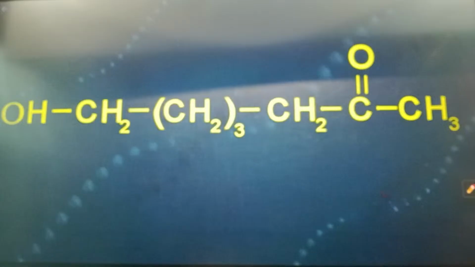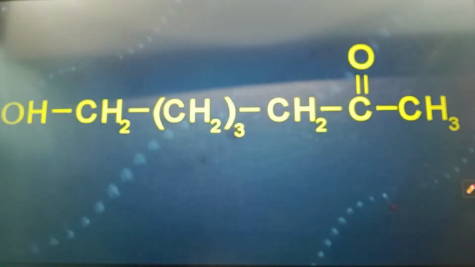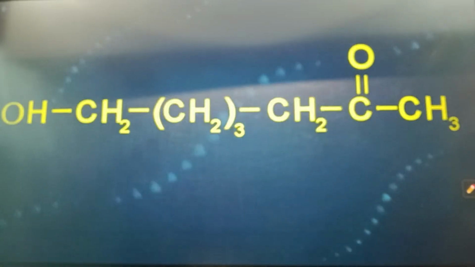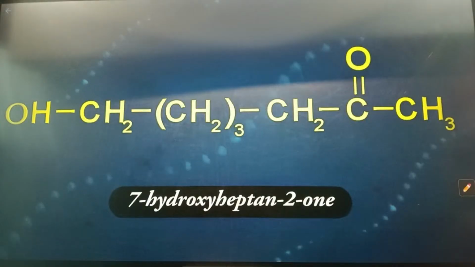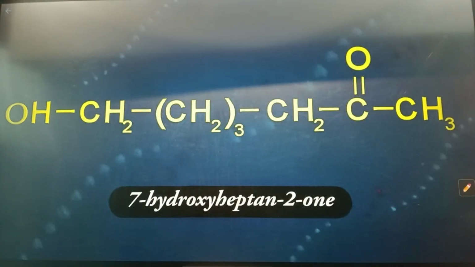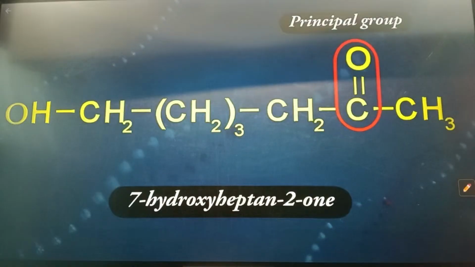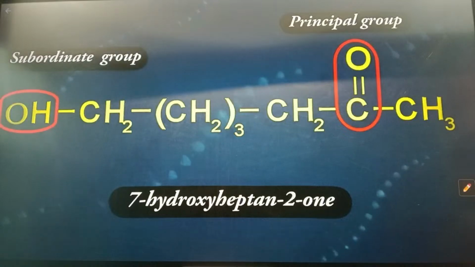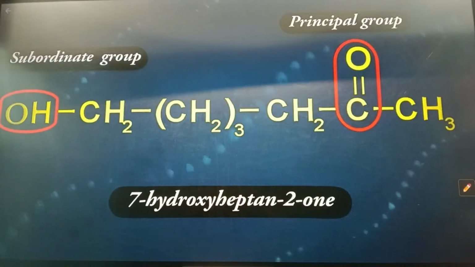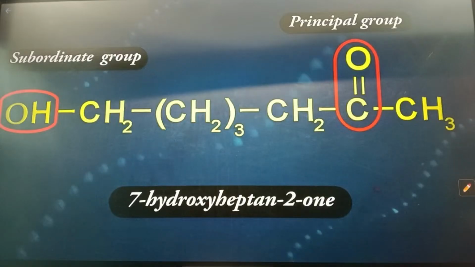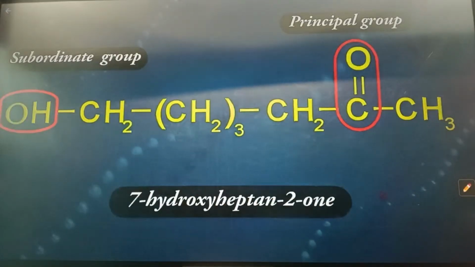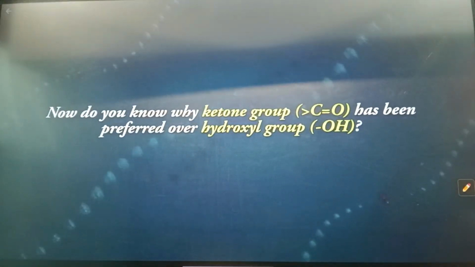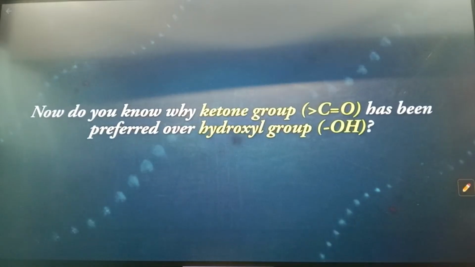HOCH2(CH2)3CH2COCH3. Here, this compound is named as 7-hydroxyheptan-2-one, as ketone group has been named as the principal functional group, and OH group has been named as the subordinate group. Now, do you know why ketone group has been preferred over hydroxyl group?